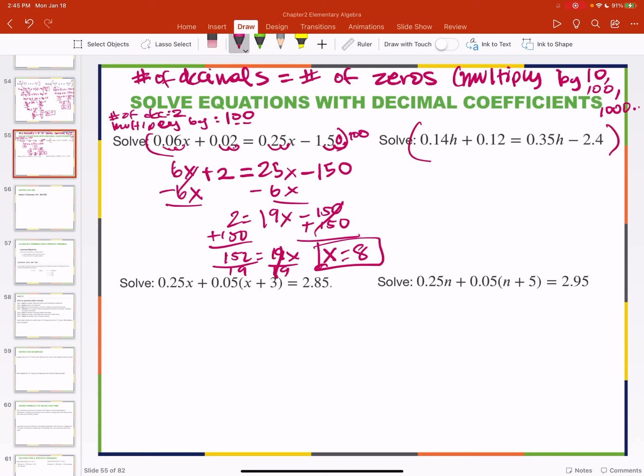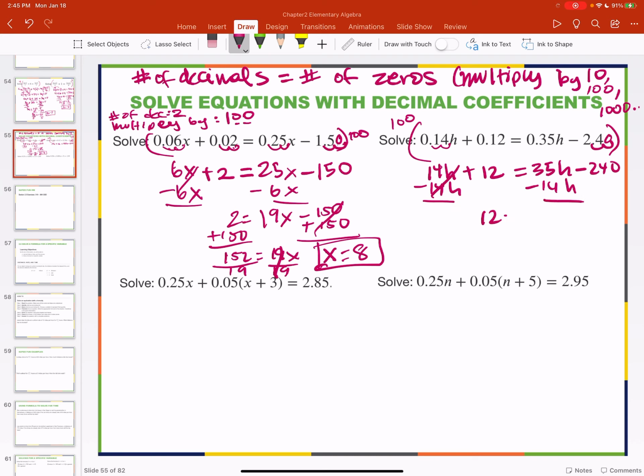So in this one, the largest amount of decimal places is 2, so that's 100. So that's going to move everything 2 decimal places over. So 14h plus 12 equals 35h minus, and then 2 places over, 240. So this is really important, okay? Let's go ahead and solve for h. So minus 14h, minus 14h.